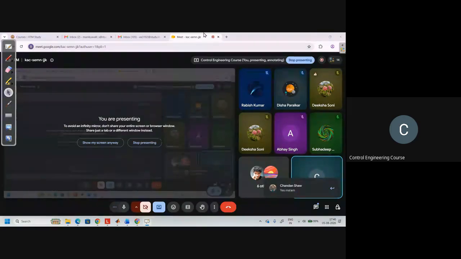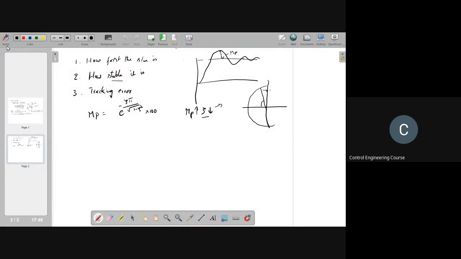Please unmute and let me know if something is not clear. Please stop me at that point, because I'm assuming that you all are listening to me and following me, as I'm not able to see your expressions. It's a kind of open loop teaching. So you need to pause me and ask if you have any doubts or if you did not understand, so that I can explain. Okay.